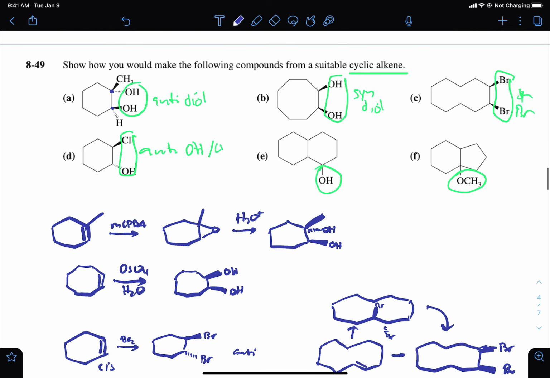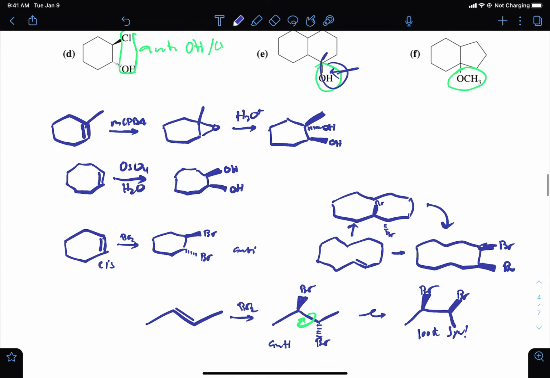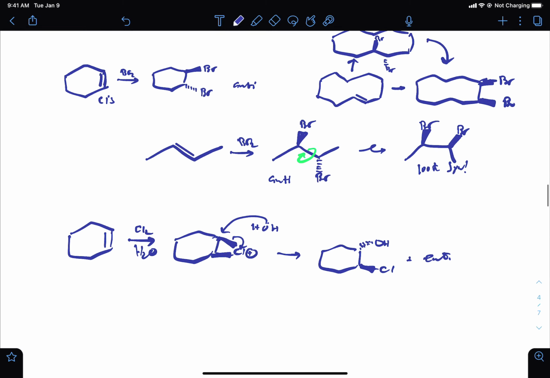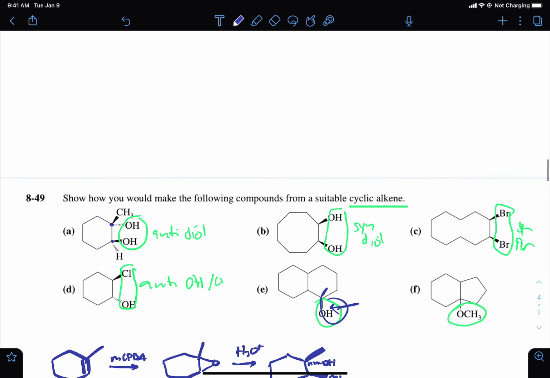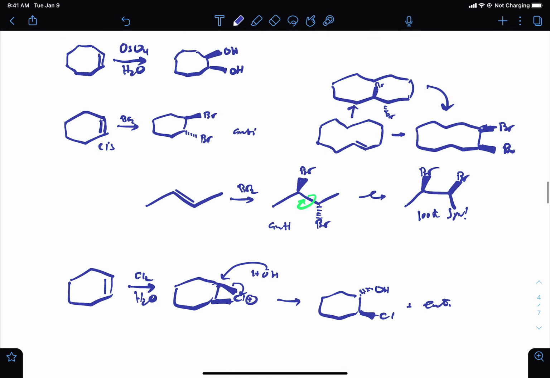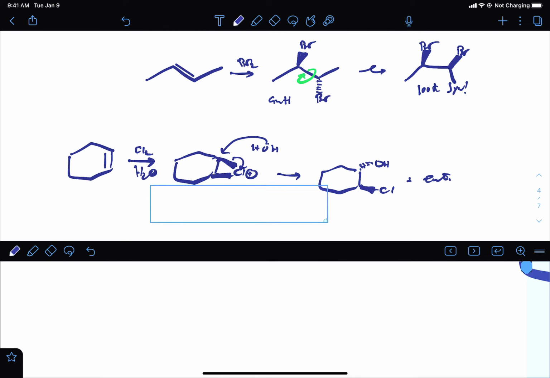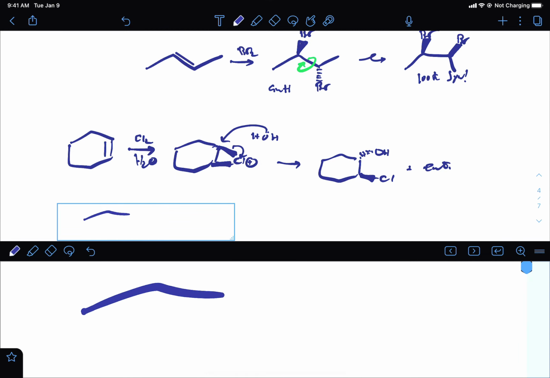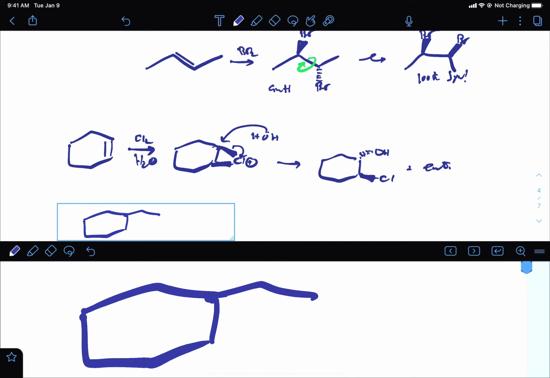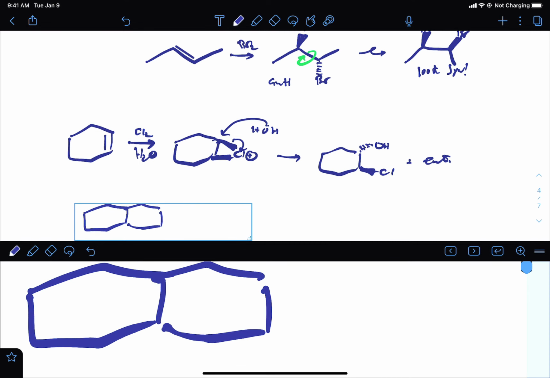Okay, now these are kind of fun because we have a lot of options. Notice where the OH is on that ring. So here are a couple options that we can pursue, and I'll explain why one is better than the other.